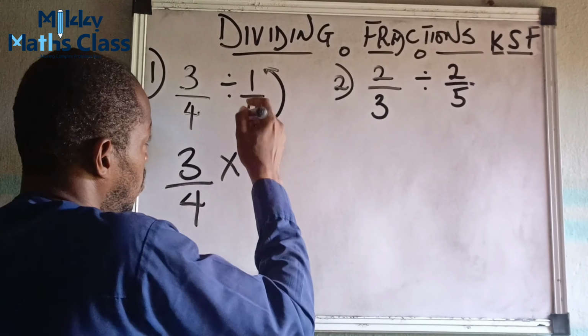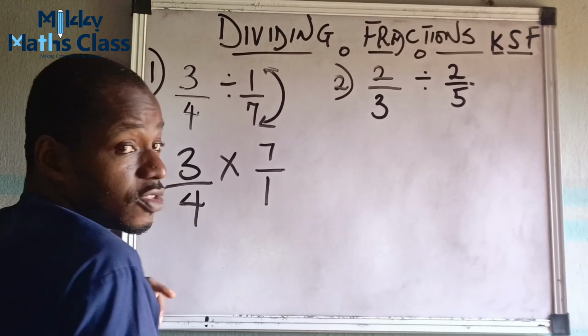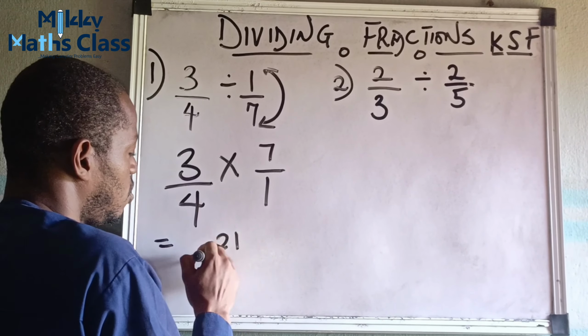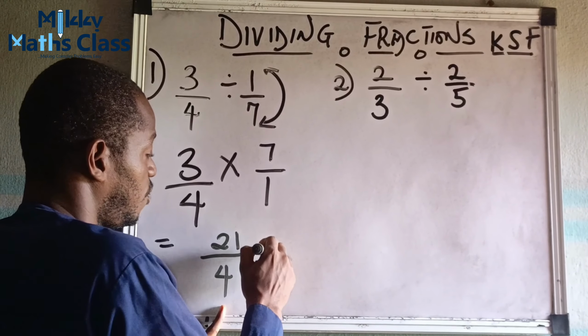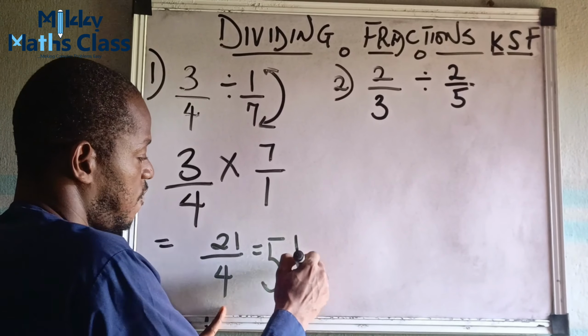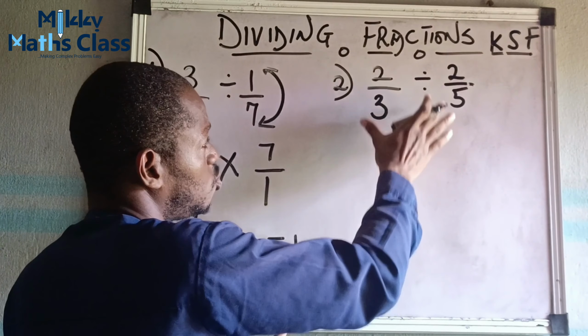So this becomes 7/1. From here we multiply. 3 times 7 is 21, so 21/4. We'll break it down as a mixed number, which gives us 5 whole number, 1/4, and that's all.